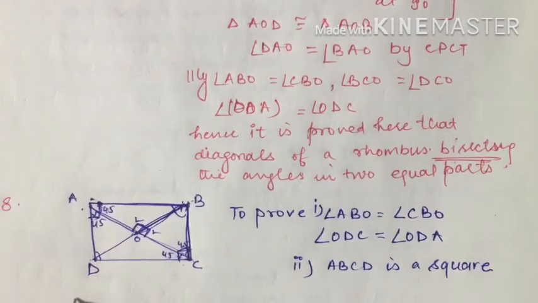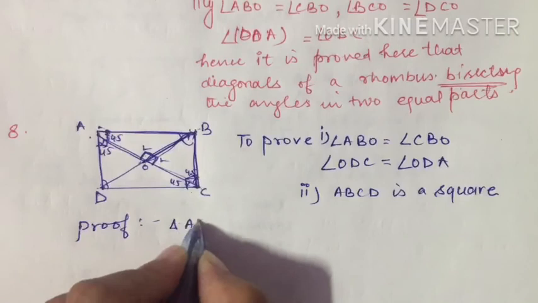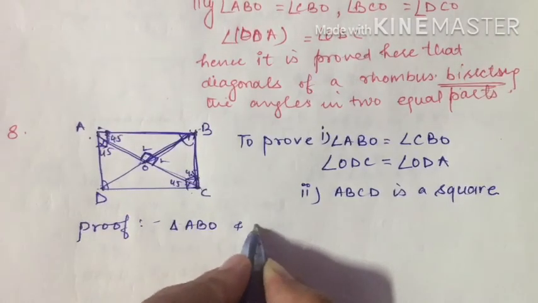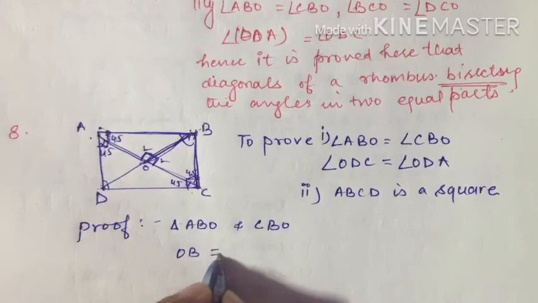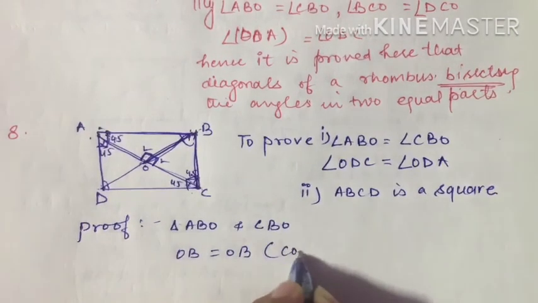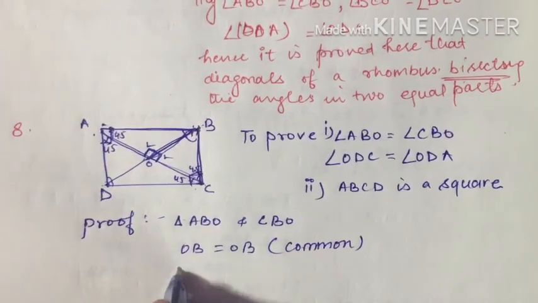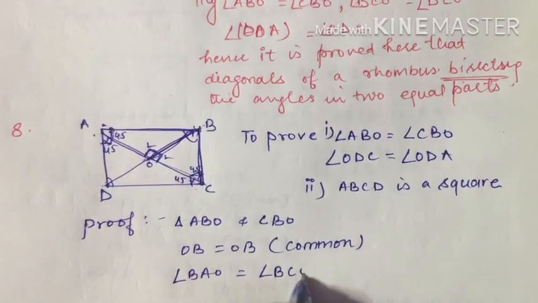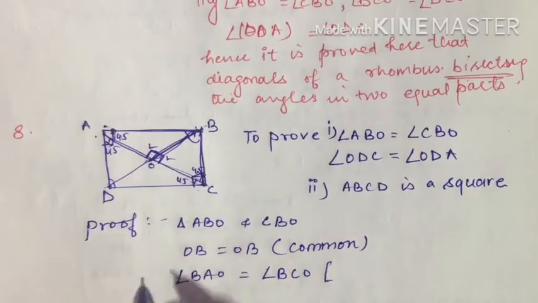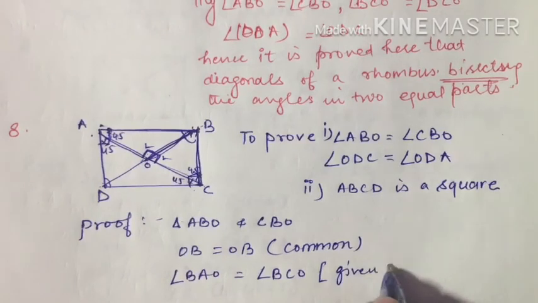So here I will start with proof. That is triangle ABO and triangle CBO. OB is equal to OB, common. Angle BAO is equal to angle BCO. Okay, I may write given, it is given to you.